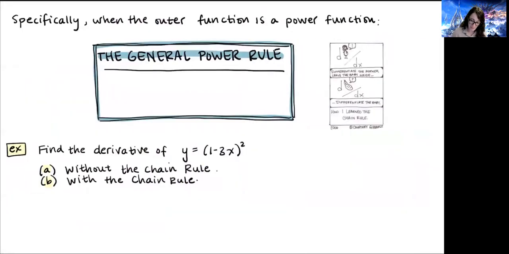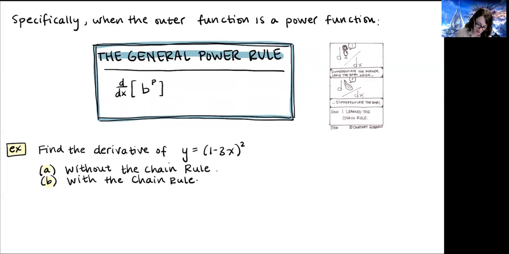So specifically, when the outer function is a power function, we get what's called the general power rule. So here's what it says. If we're going to differentiate a function of x raised to a power, so I'm going to use that function of x instead of f of x. I'm just going to write a b here, b to a power.